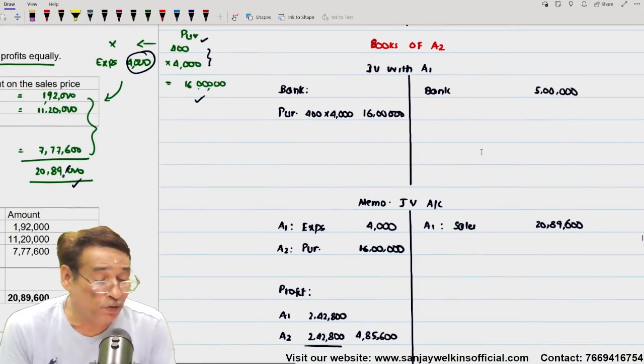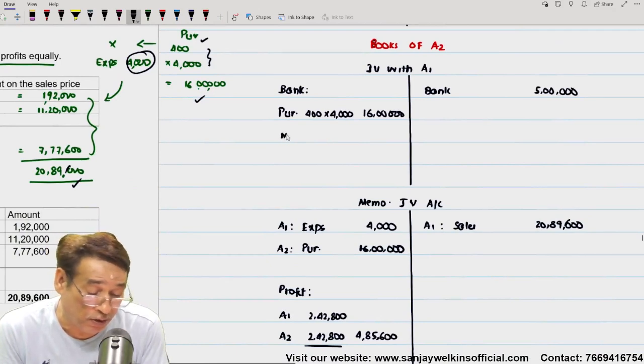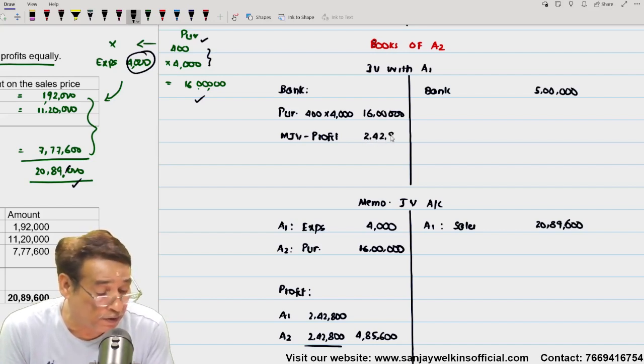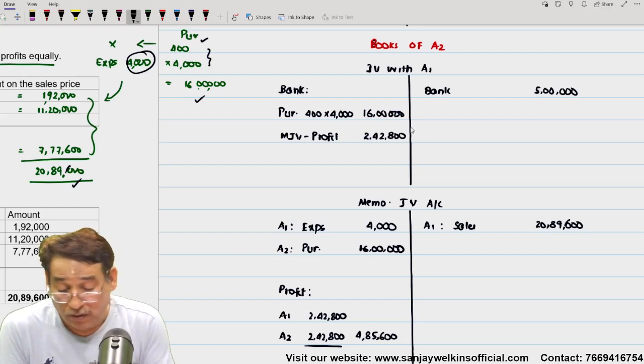Similarly, if you want to show A2, here you are going to write memorandum joint venture, profit. We computed the amount of profit equal to 2,42,800. 2,42,800 plus 16 lakh minus 5 lakh.